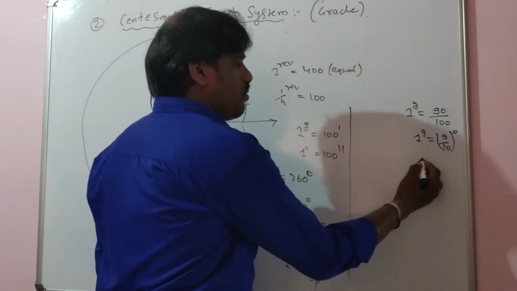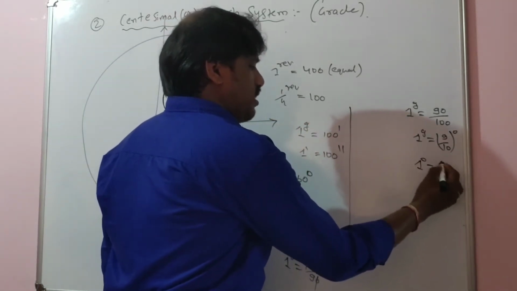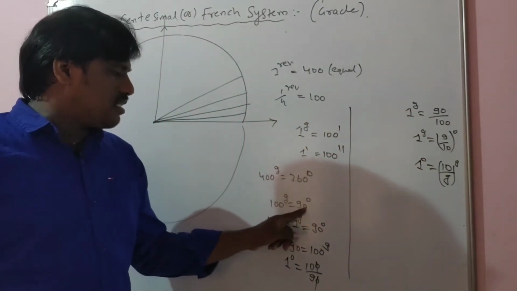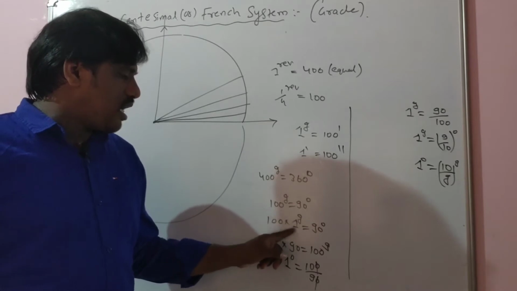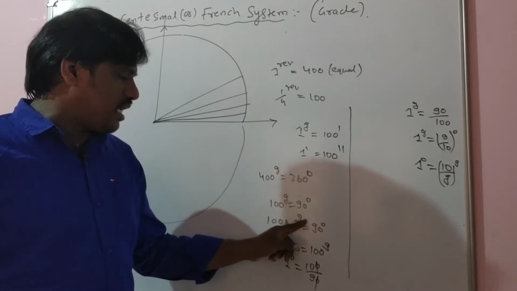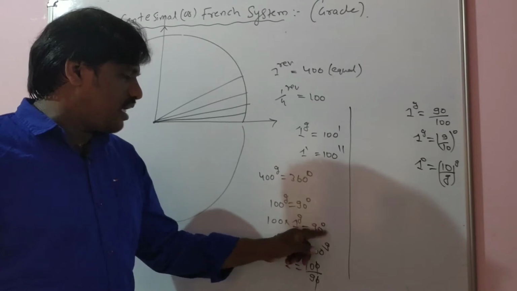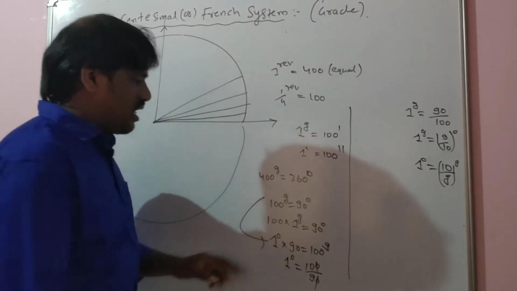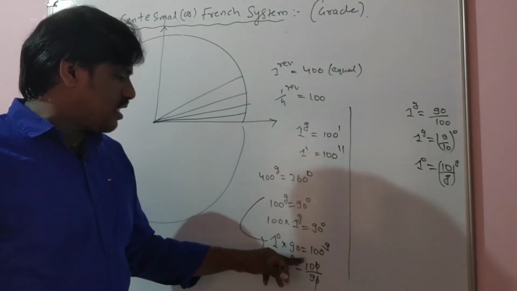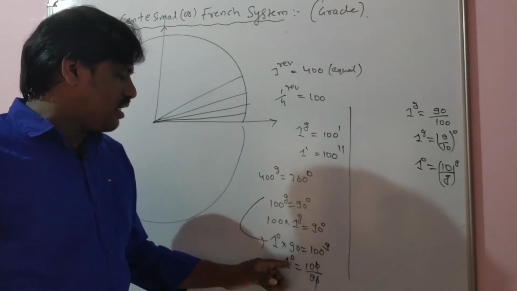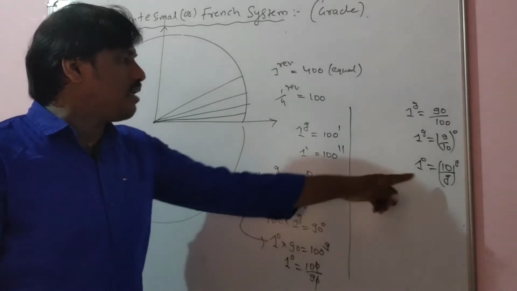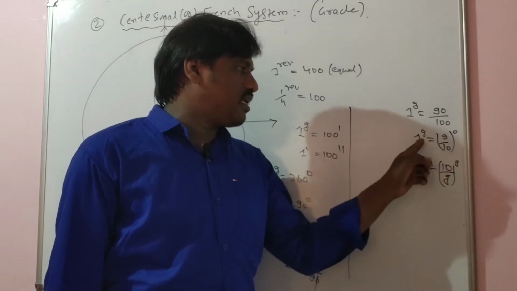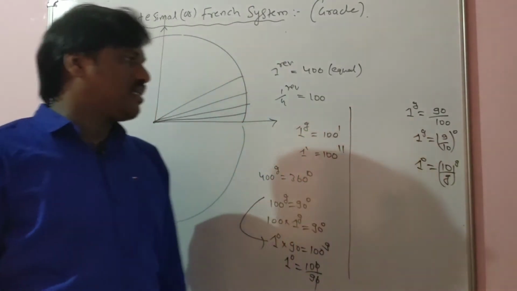So 1 degree is equal to 10 by 9 grades, and 1 grade is equal to 9 by 10 degrees.